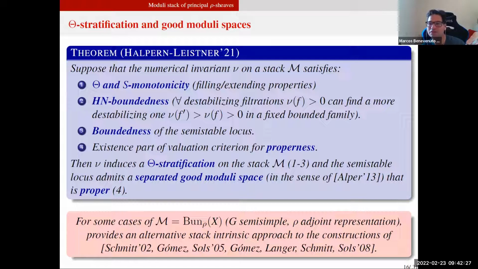This is something on our checking list for the near future. This should have a very good analog, but I have to say the analog should be easier in the torsion-free coherent sheaves case.